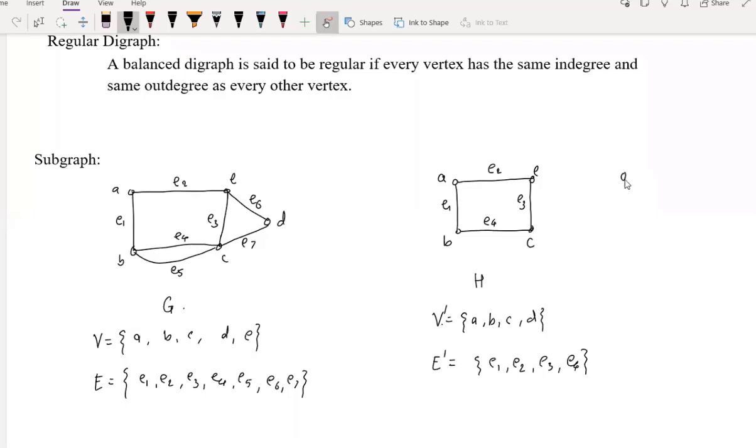Suppose I'll take some vertices here, E, C and D. Means I'll take this triangle separately and their edges E3, E7 and E6. So this is H1 and this is another subgraph H2. So H2 is also a part of this graph G. So H2 is also a subgraph of G. H1 is also a subgraph of G.